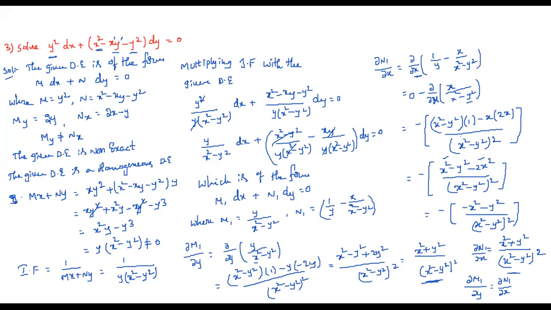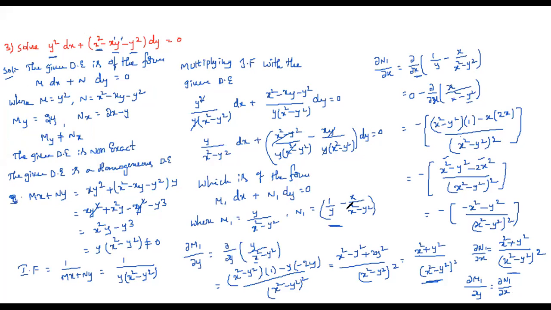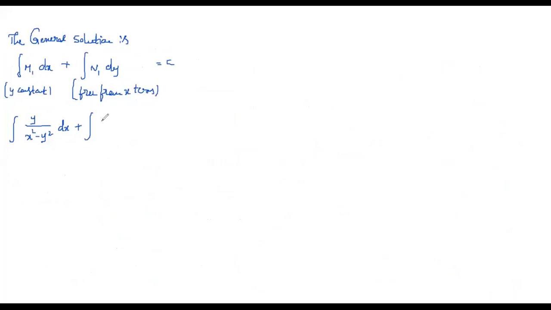So we choose integral y by (x square minus y square) dx plus n1 without having x, which is only one term, 1 by y. So 1 by y dy is equal to the constant c.